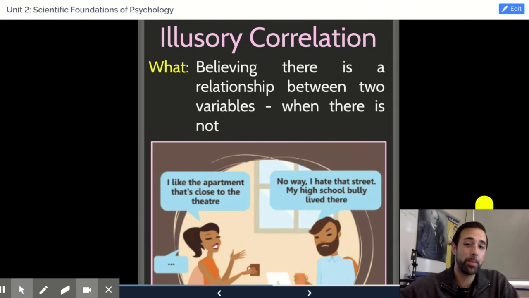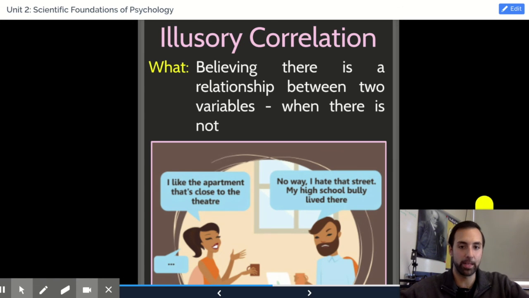The final thing is that often people also find what we call illusionary correlations, where they don't run the numbers and they just have this gut feeling the two variables are correlated. Like every time it rains, I feel like my joints hurt. A lot of people will say things like that without ever actually running the data. That's another good example of two variables that might not actually even be correlated, but because you have that inner belief, that gut feeling, you present it as some type of correlation.